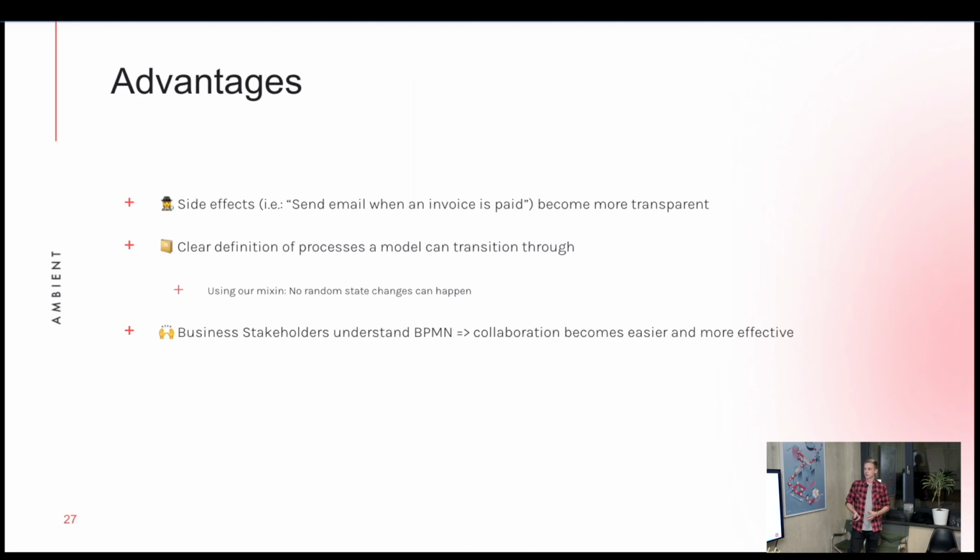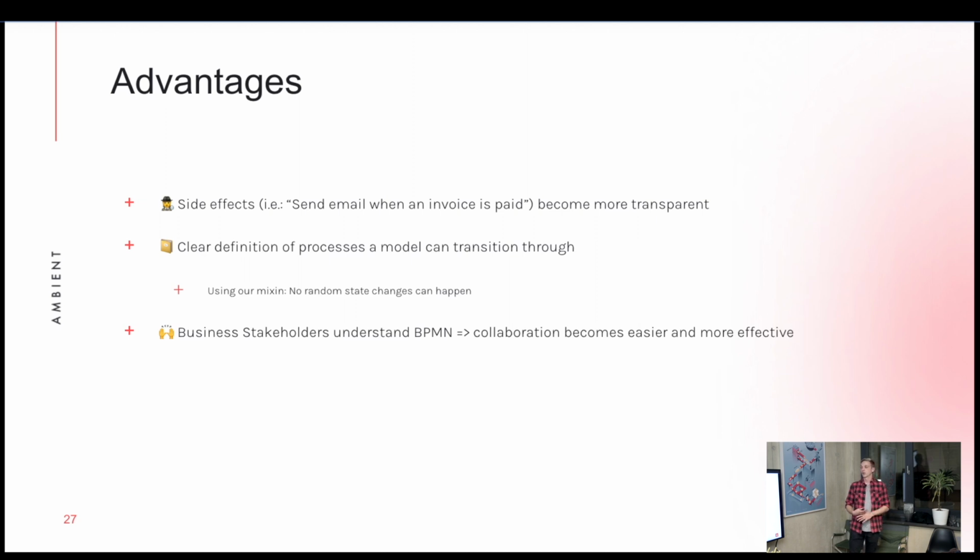But with this, using flows and using these transitions, all these side effects become much more transparent, because at any point in the code where we change status, or any protected field for that matter, we know where to look, because we had to instantiate the flow.